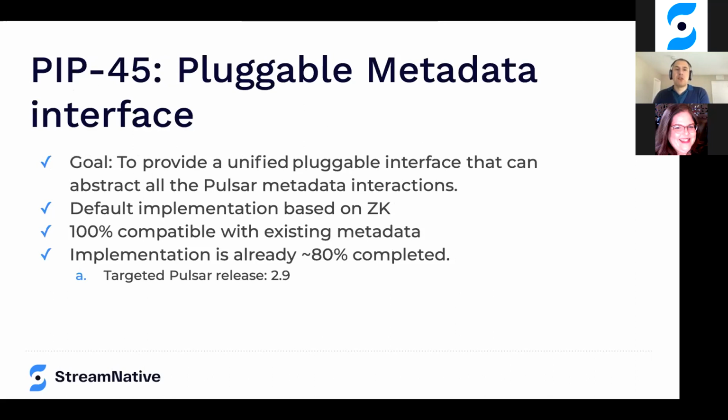The goal for this proposal was to have this unified pluggable interface that abstracts all the interactions, with a default implementation on Zookeeper, and also 100% compatible with existing metadata. So it is just changing this middleware layer, but the metadata will stay exactly the same as before for the Zookeeper implementation. For other implementations, of course, since they start fresh, we can define different formats and different layouts and so on.